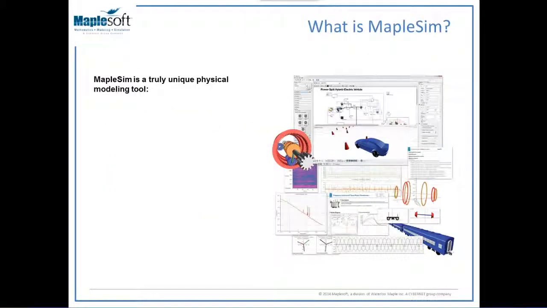The presentation today will be entirely in MapleSim, so I'm going to be jumping to MapleSim in a moment. For those who don't know, MapleSim is a physical modeling tool built on the foundation of the symbolic computation technology of Maple.